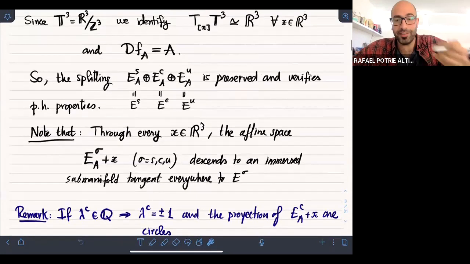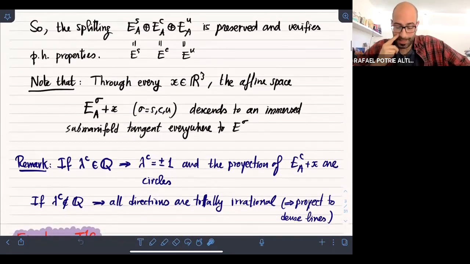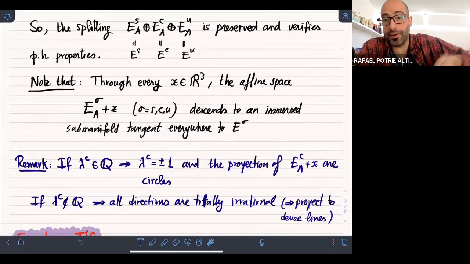If the eigenspace is rational, then the projections are circles, because the eigenspace is generated by a rational subspace, and then the immersion has circles. But if the eigenspace is irrational, then they are totally irrational, or at least dense.